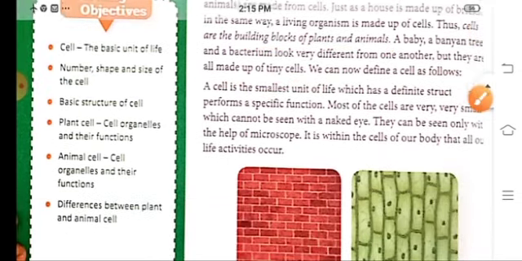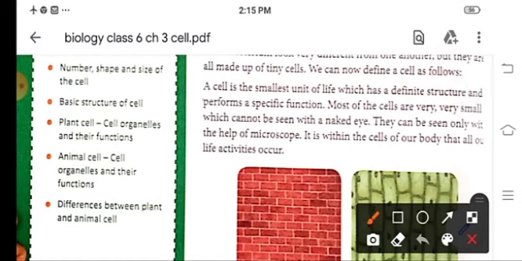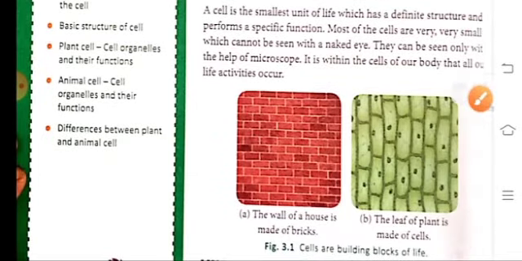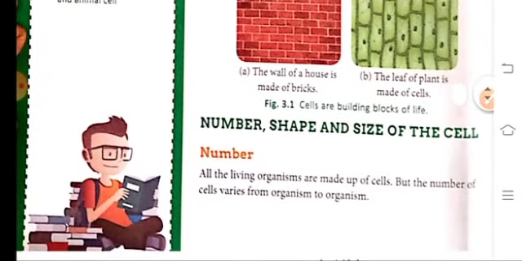So we can say that the cell is the smallest unit of life which has a different structure and performs specific functions. Most of the cells, children, are very small in size and we cannot see them with our naked eyes. They can only be seen under the microscope. But all the cells have the capability to perform metabolic activities.